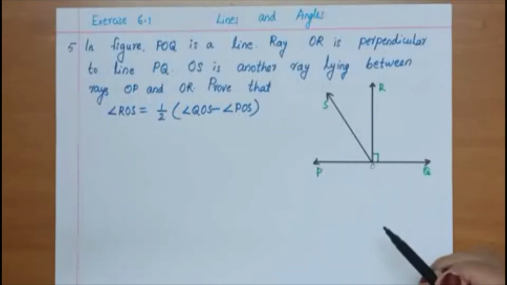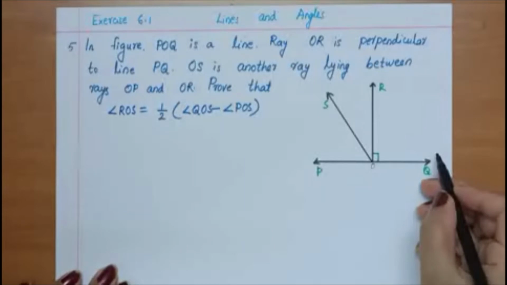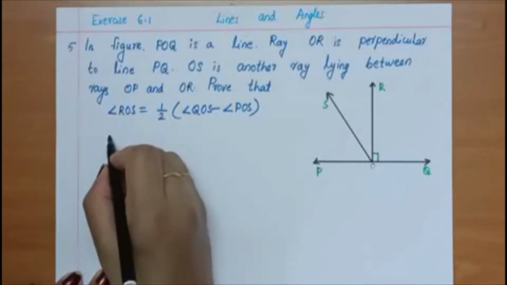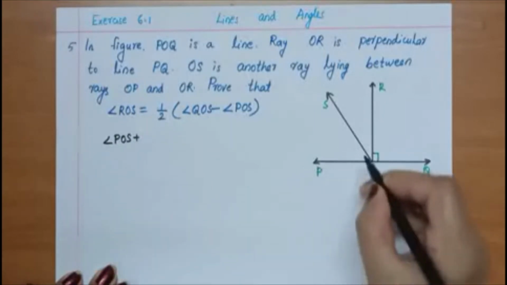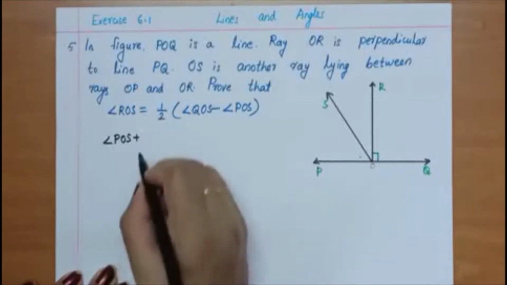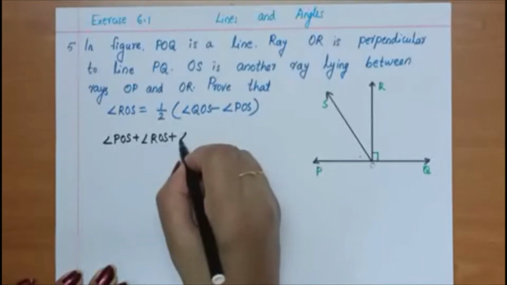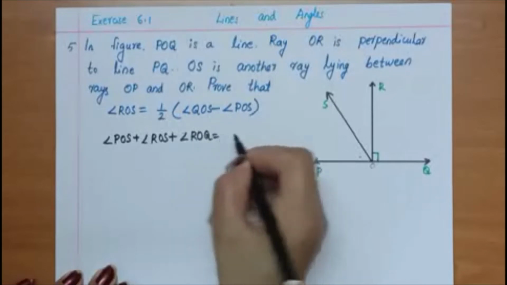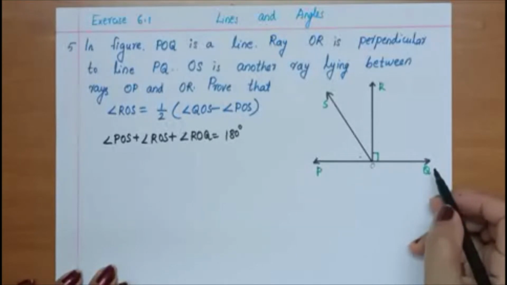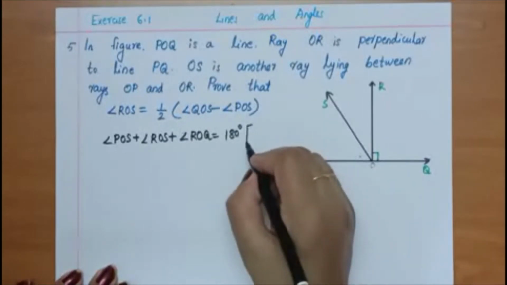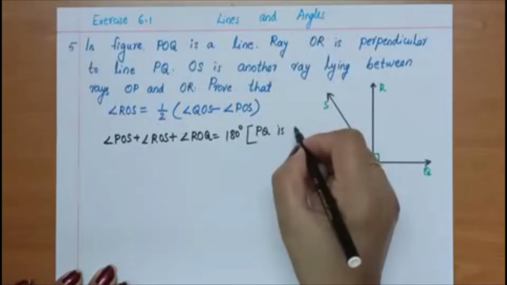Now, the sum of angles on a straight line is 180 degrees. So we can write angle POS plus angle ROS plus angle ROQ equals 180 degrees, because when we add all these three angles we get 180 degrees, the measurement of the straight line POQ.